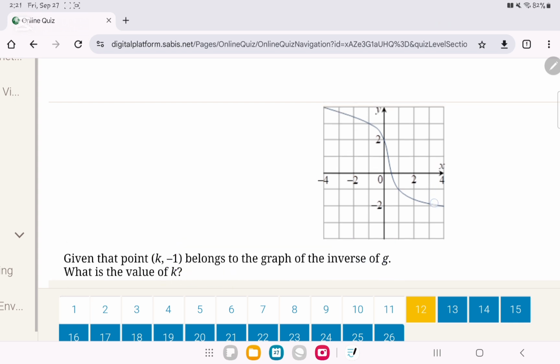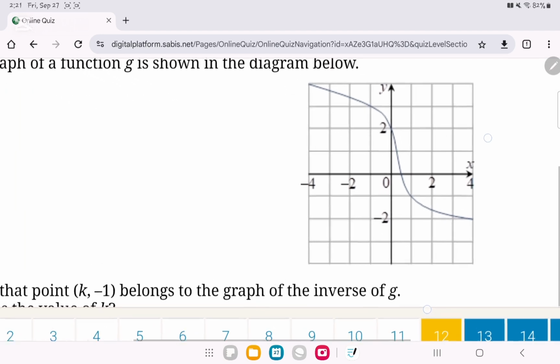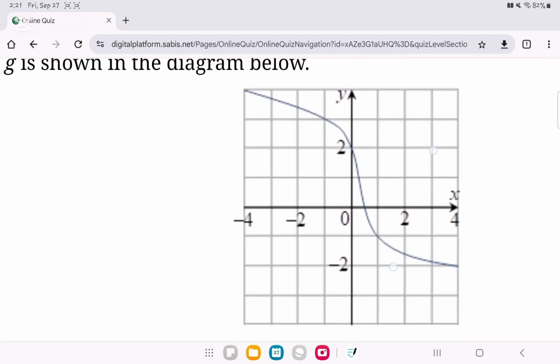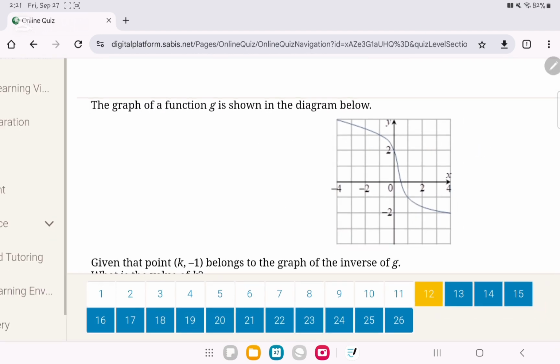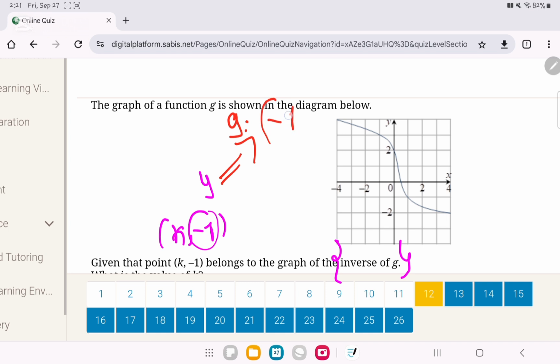So what do we do? First of all, look, they need (k, minus 1). We have minus 1 as our y in the inverse of g. So what does it mean? In g, it's going to be the opposite. It's going to be (minus 1, k). So if we have here the graph of g, let us find which point has minus 1 as an x.